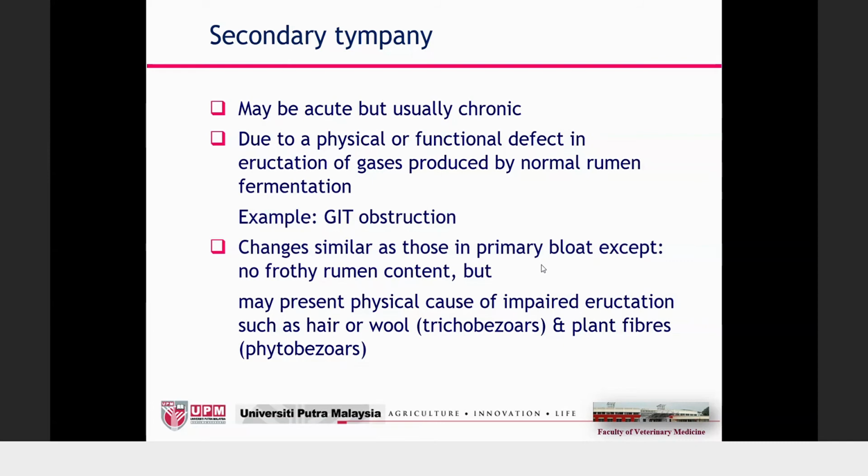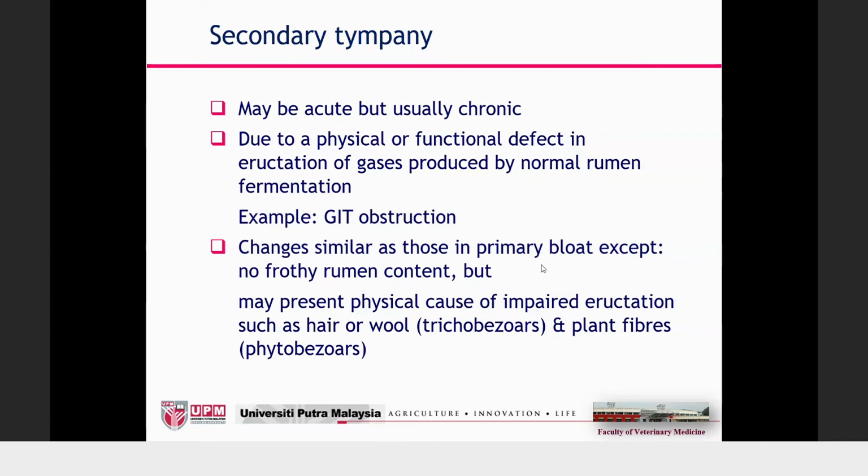This can block the eructation of the normal gas produced in the rumen content. Apart from this, there's also the possibility, sometimes in cases of neoplasia at the area, that it can block the eructation of the gas and might lead to what we call secondary bloat or secondary tympany.